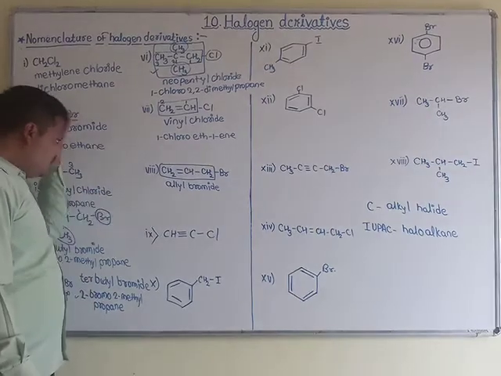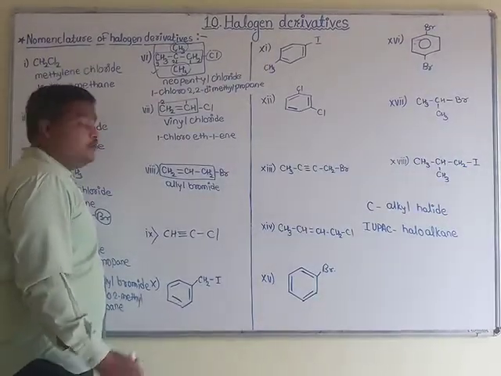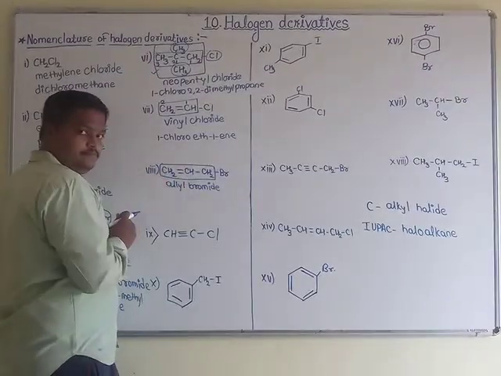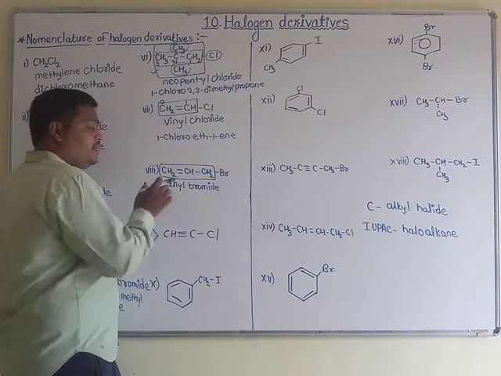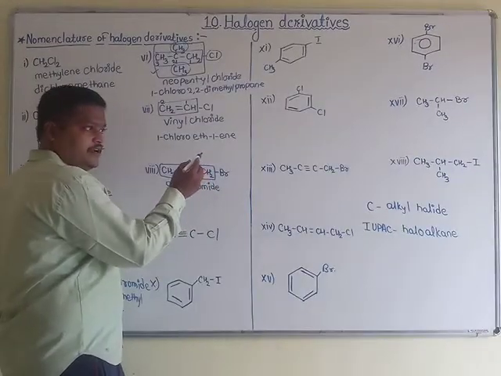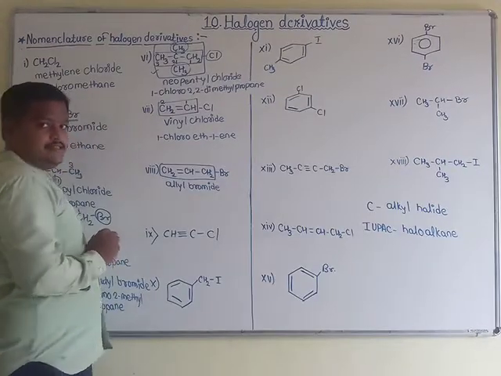Yes. Then what is its IUPAC name? To give the IUPAC name, first select the longest chain. Then here two types of numbering are possible, from left to right and from right to left. Which one is correct?